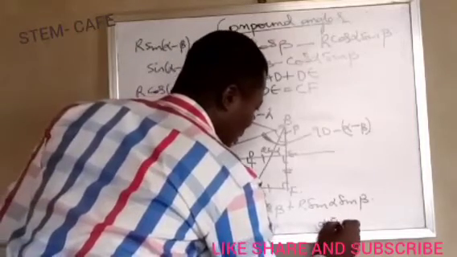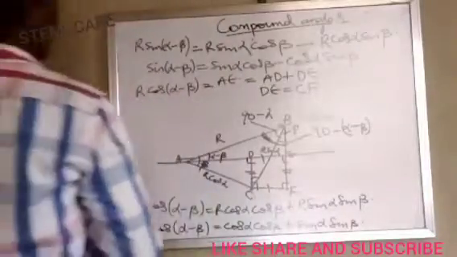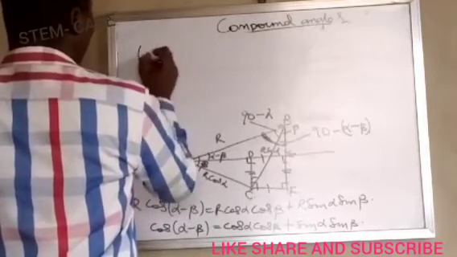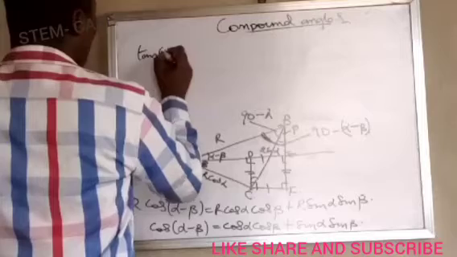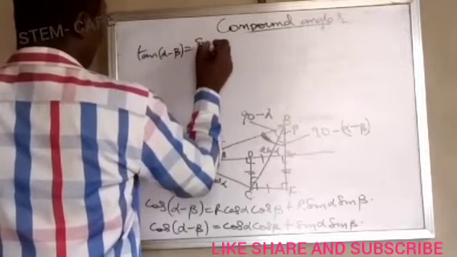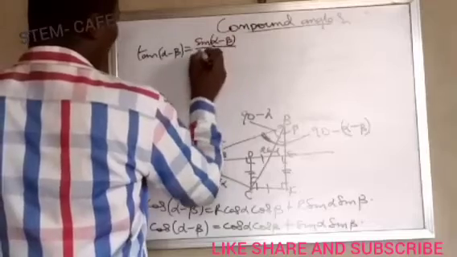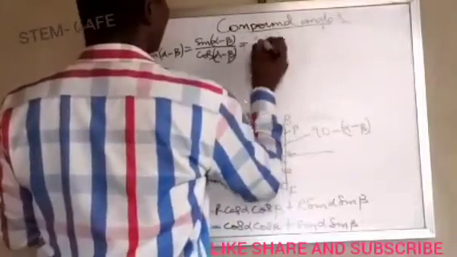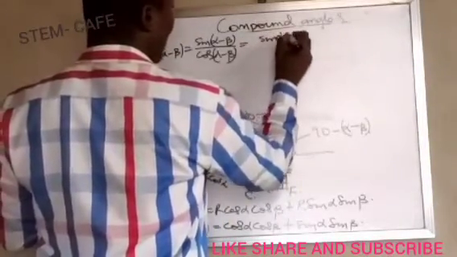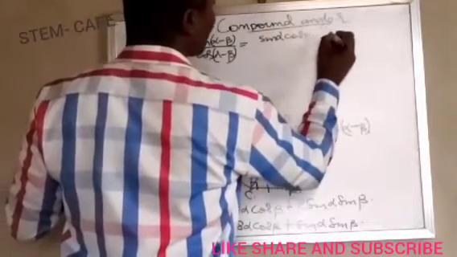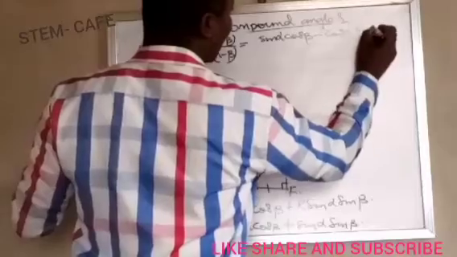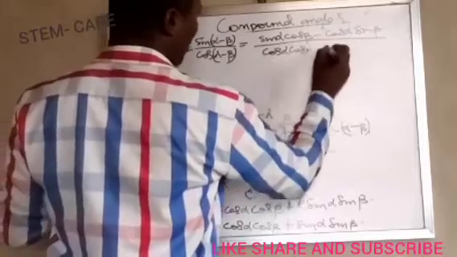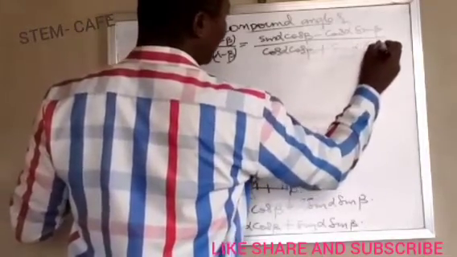Now, to find the tangent of the difference of two angles, I'm going to divide the sine by the cosine. Tan alpha minus beta is equal to sine alpha minus beta over cos alpha minus beta, which equals sine alpha cos beta minus cos alpha sine beta over cos alpha cos beta plus sine alpha sine beta.